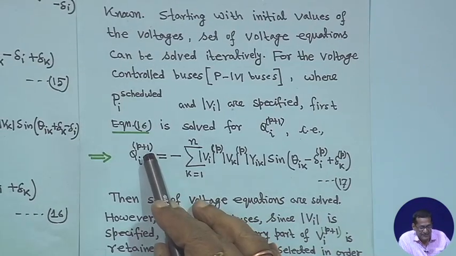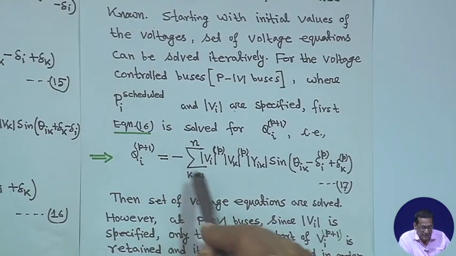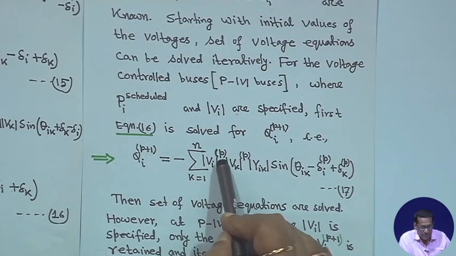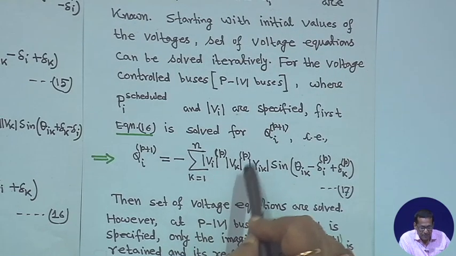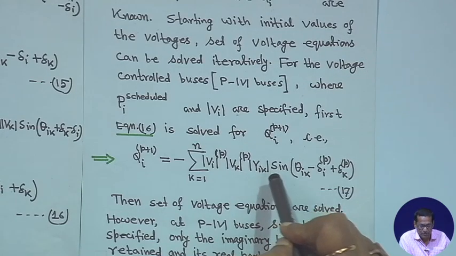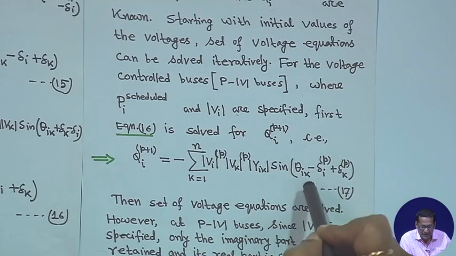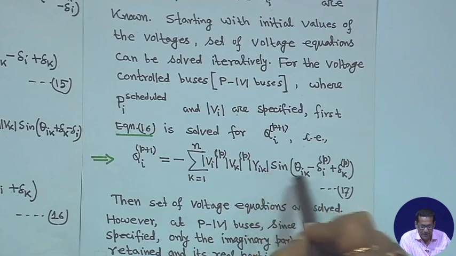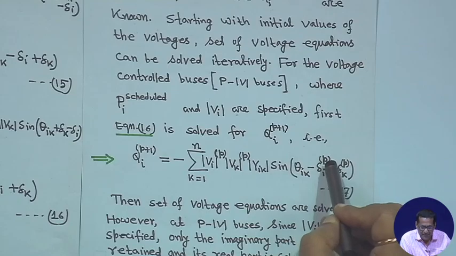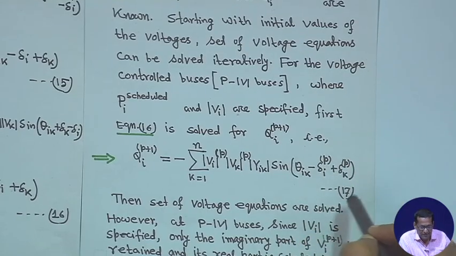We can write Q_i^(p+1), where p is the iteration count, equal to minus the sum over k = 1 to n of |V_i^p| |V_k^p| Y_ik, where Y_ik is a constant from the admittance matrix, so no question of p. The sin(θ_ik) is the angle of Y_ik and remains constant, but delta will vary: minus δ_i^p plus δ_k^p. This is equation 17.